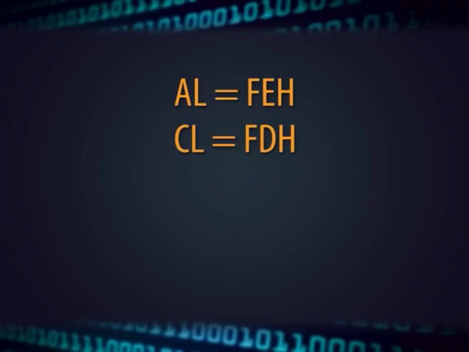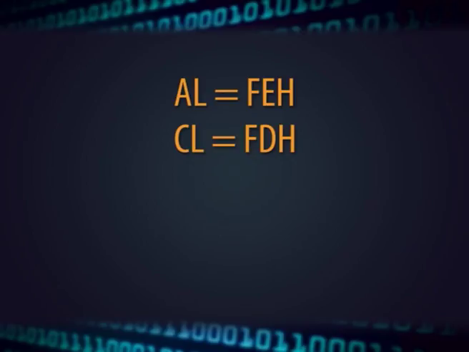The instruction assumes the number is represented in signed format and produces the result again in signed format. Consider two numbers, FE H, represented in hex format as the hex number FE, and another number FD, again represented in hex format as FD, stored in the registers AL and CL.